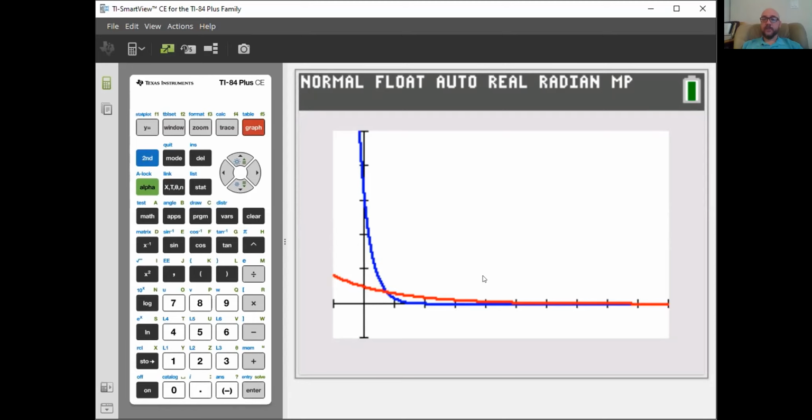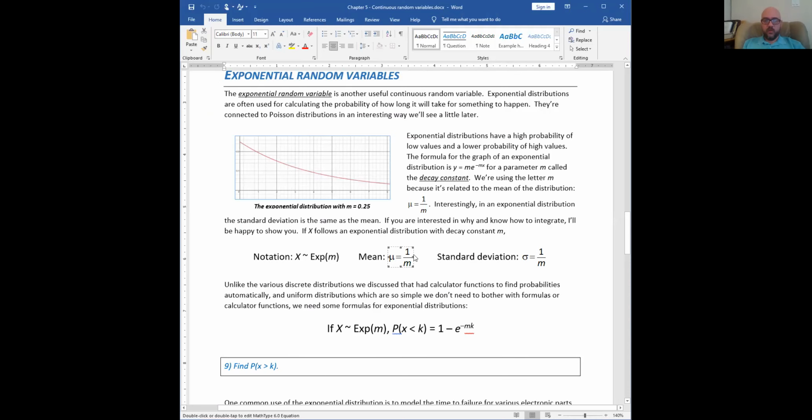That's why the mean is 1 over the decay constant. A bigger decay constant makes it decay much faster: 3 made it go almost straight down, 0.5 made it go really shallow. And this one is 0.25, so it has a mean of 4, since the decay constant is 1/4.